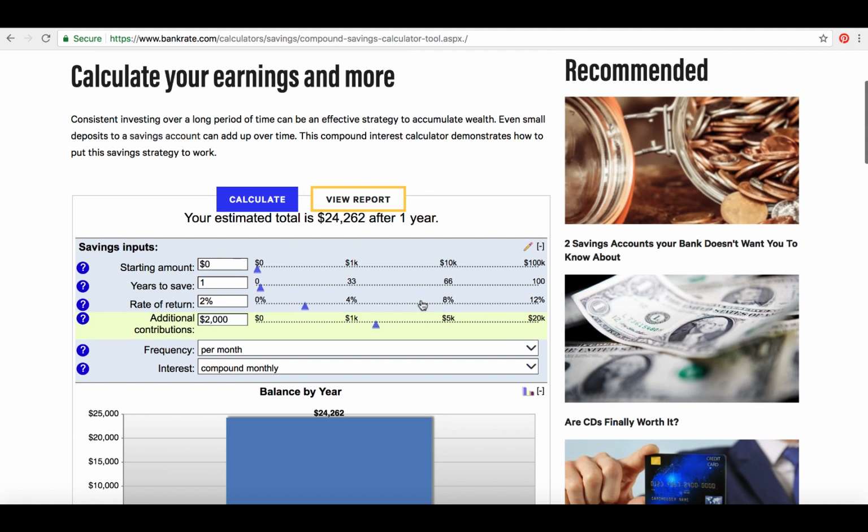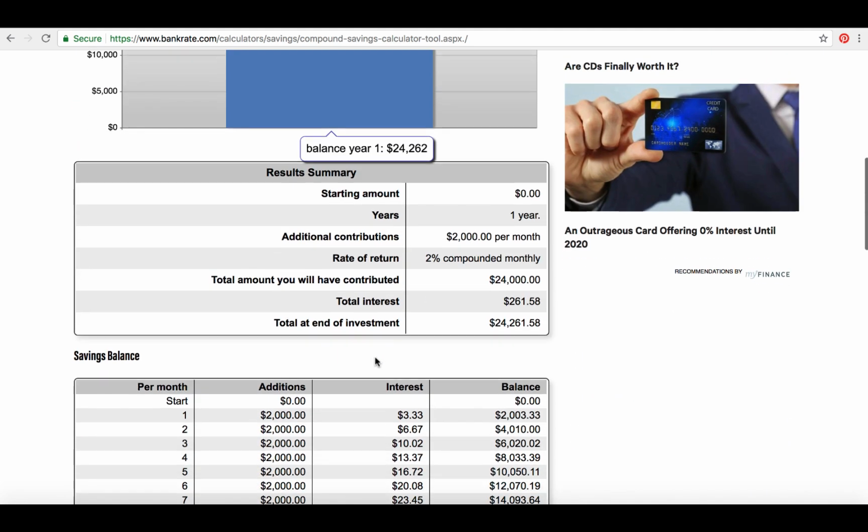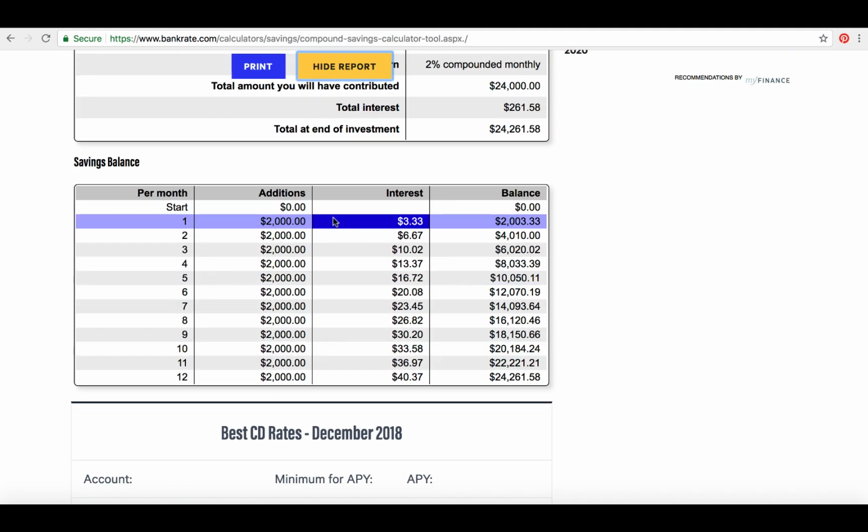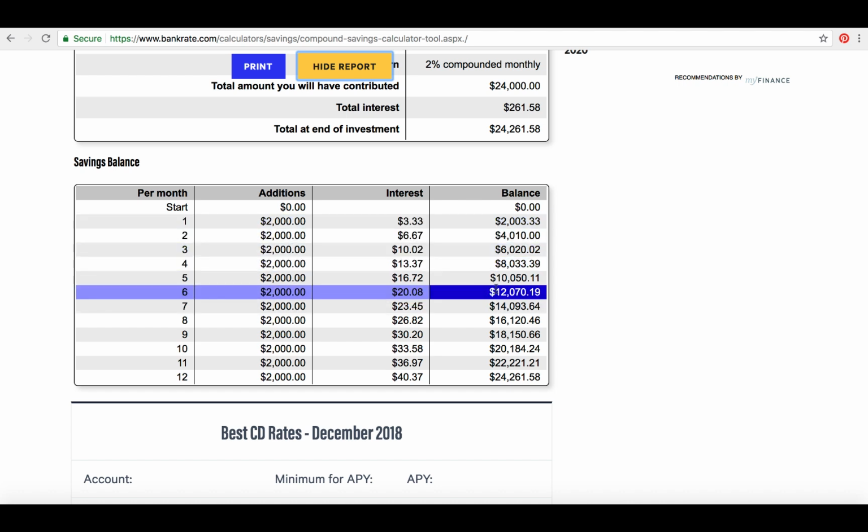So now I'm just going to click on view report, and you can see the amount of interest you are earning month by month. So month 6, we've actually accrued $70.19 in interest.